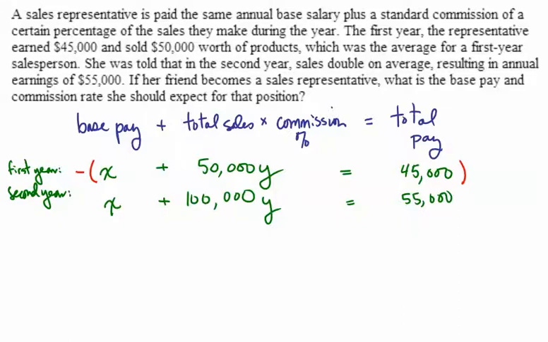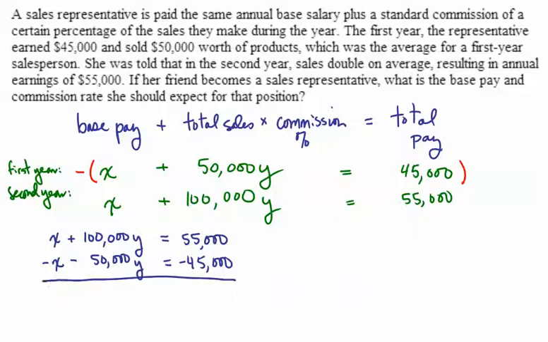And when we do that, we're going to end up with this resulting system. I'll put the second equation first, since that's going to have larger numbers. X plus 100,000 Y is equal to 55,000. And then negative X, we have to distribute that to everything, minus 50,000 Y is equal to negative 45,000.